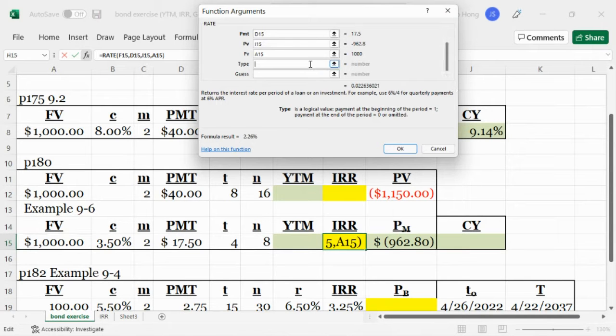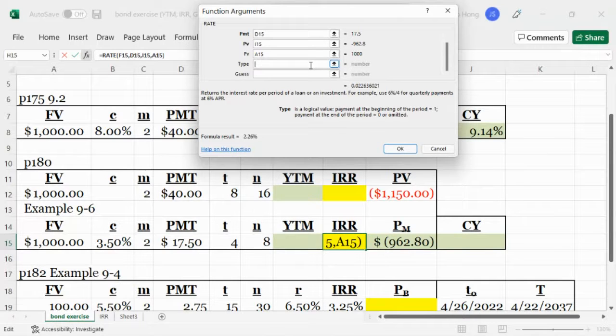Type, you don't have to bother with this because in annuities there are only two types, ordinary or annuity due. And I told you, if it is ordinary, you leave it blank or enter 0. If it is annuity due, you enter 1.